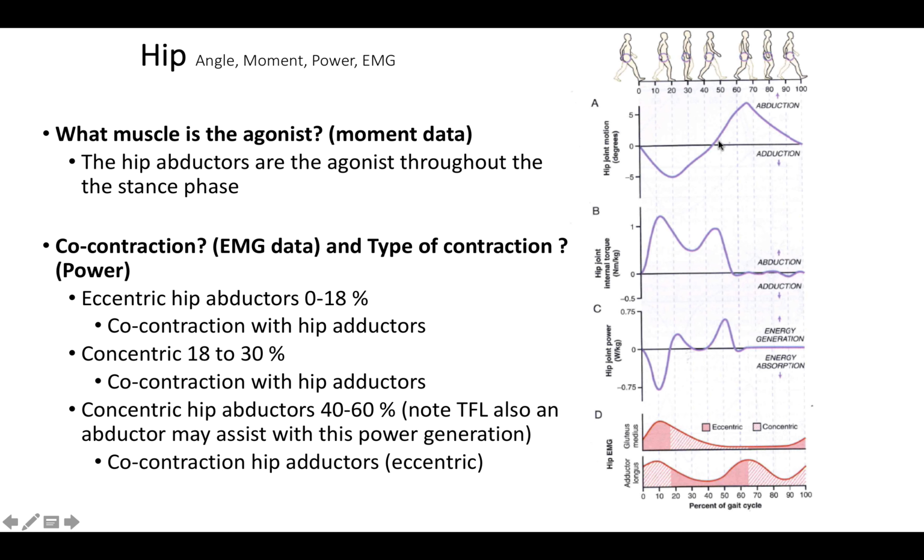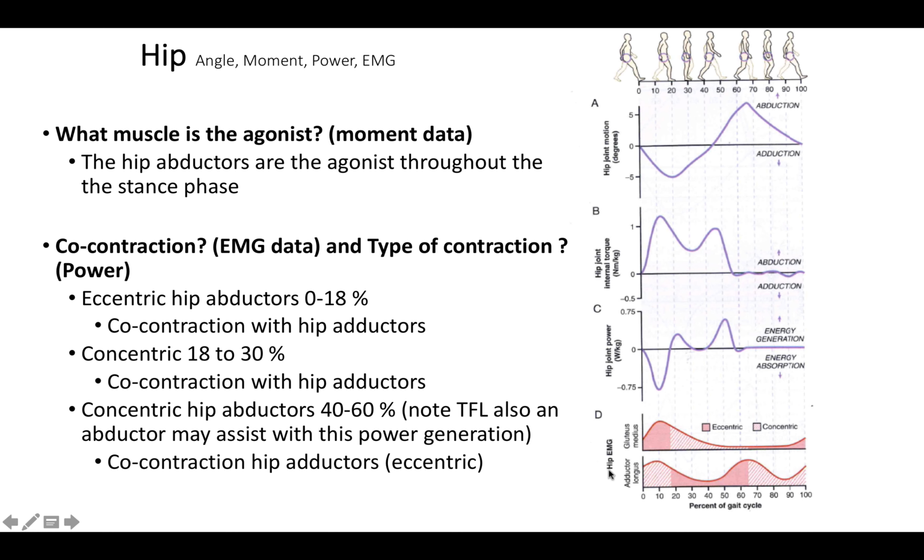And then just as the person's pushing off to the other limb, we see a second burst, and that second concentric power is abduction, and that's abduction to push the body toward the opposite initial contact and shift the weight of the person, the center of mass, onto that opposite foot. And then the swing phase moments and powers are relatively minor.